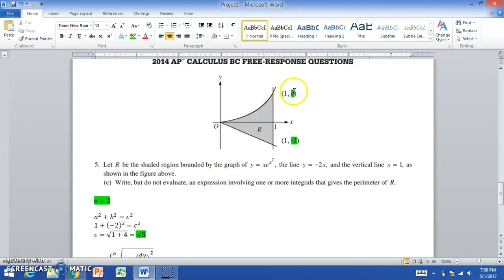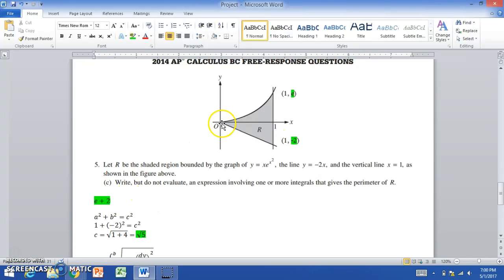Now, with that, we can find the length of the line x equals 1 to get e plus 2. Now we are finding distance. Since there is no negative distance, we are considering absolute values, so e plus 2.